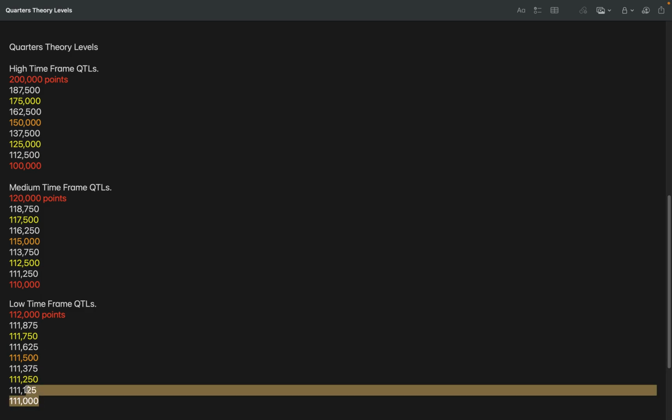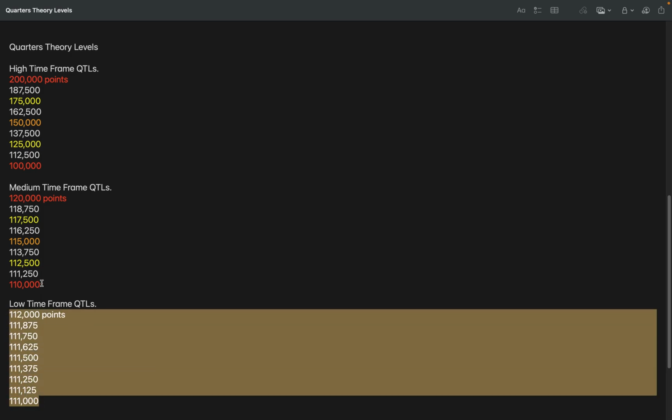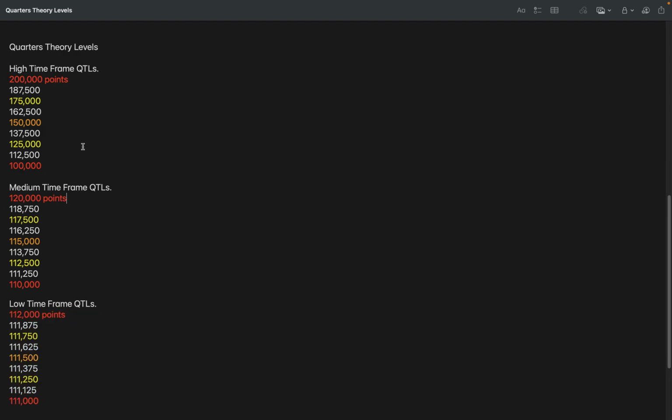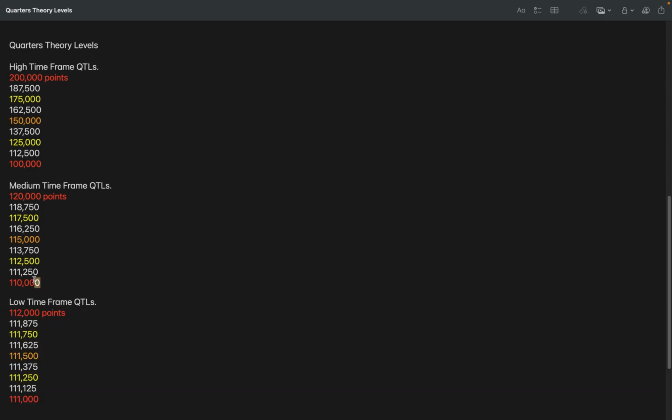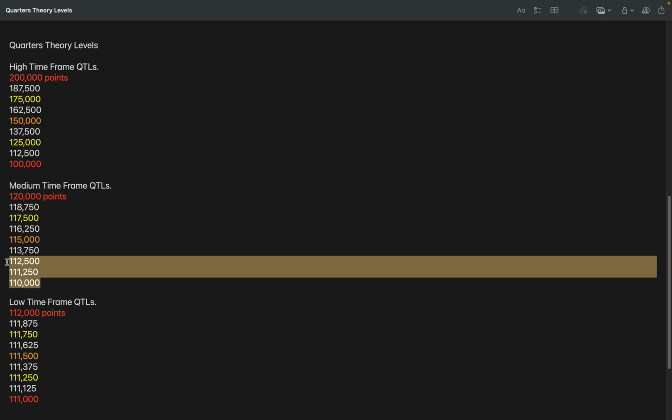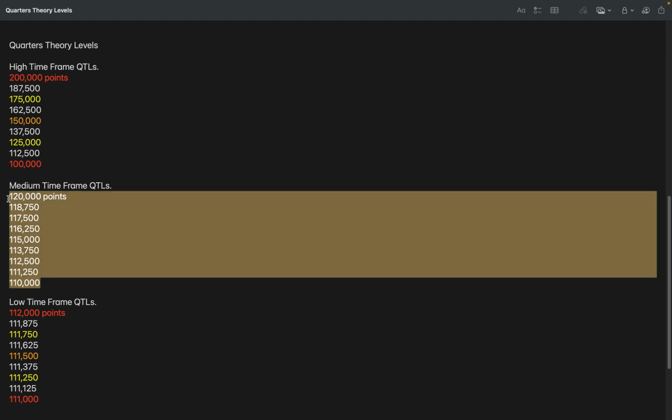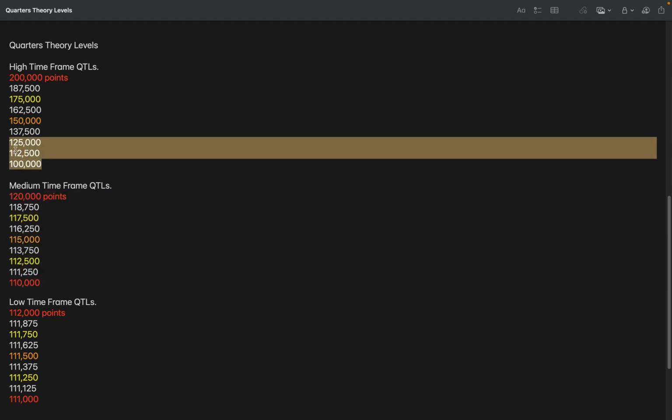Down here is the 1,000 point low time frame QTL range. These are ranges. This is a 1,000 point range. This is a 10,000 point range. This is a 100,000 point range. So this range is inside of this area. This range is inside of this area.